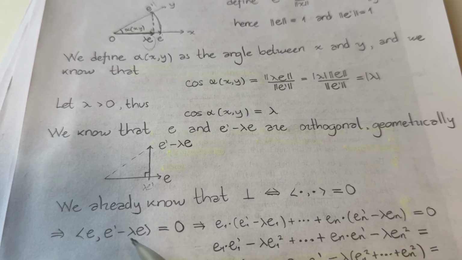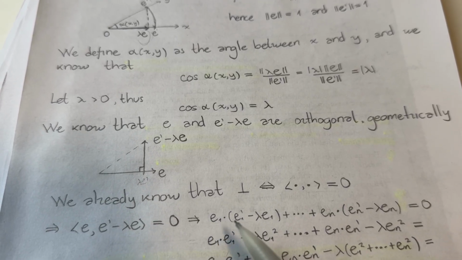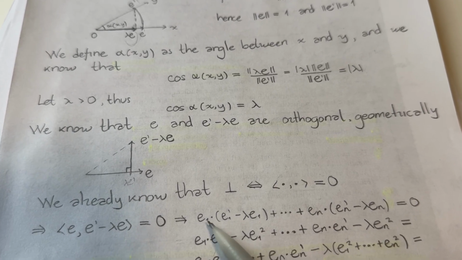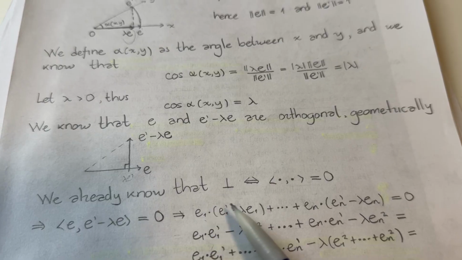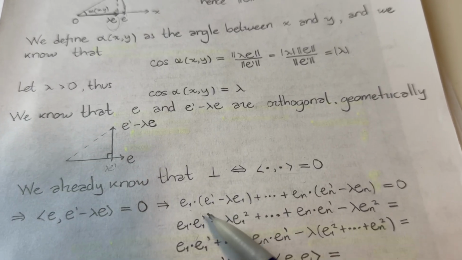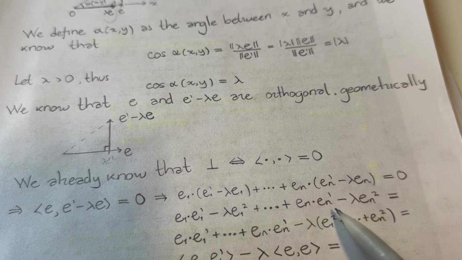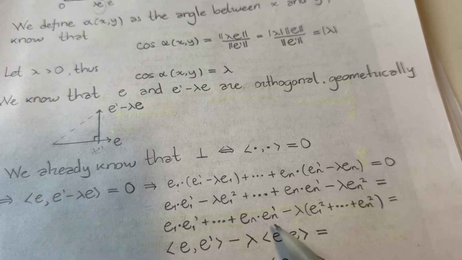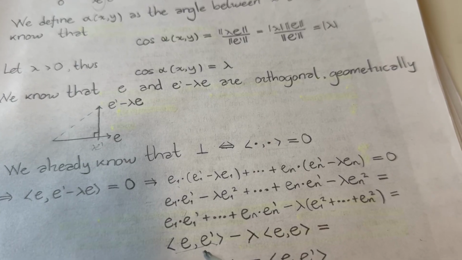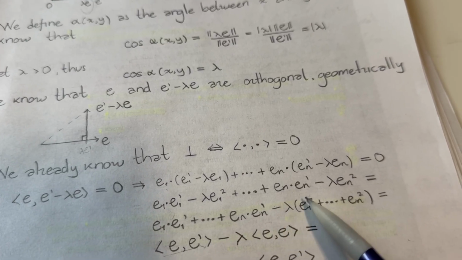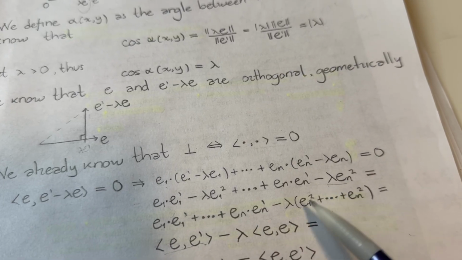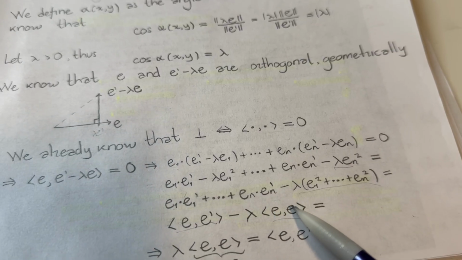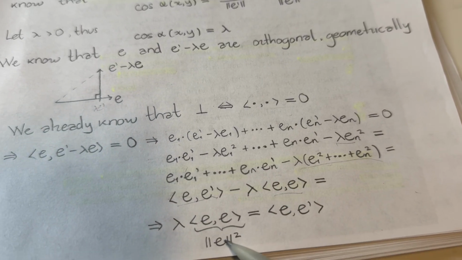So if we expand a little bit, component by component, we have this expression, and we combine terms. This part here is just the inner product of E and E prime, and we combine these other terms, and this is just the inner product between E and itself, which turns out to be the magnitude squared.